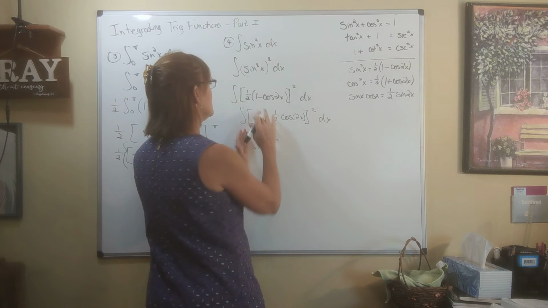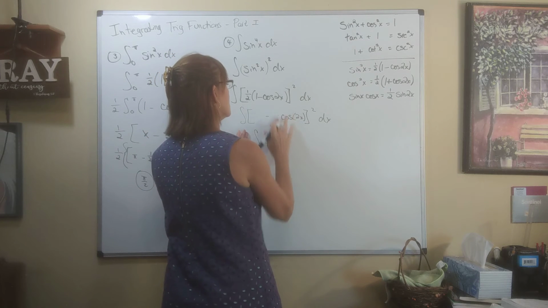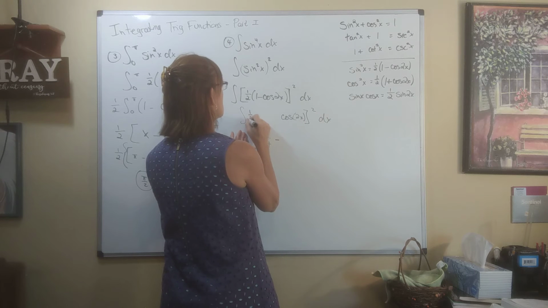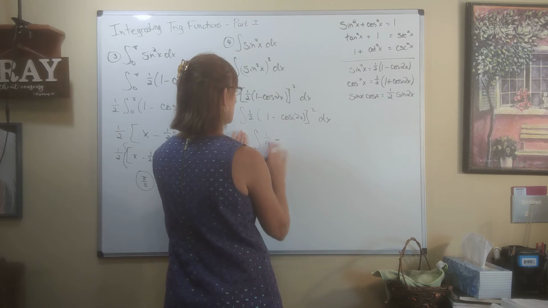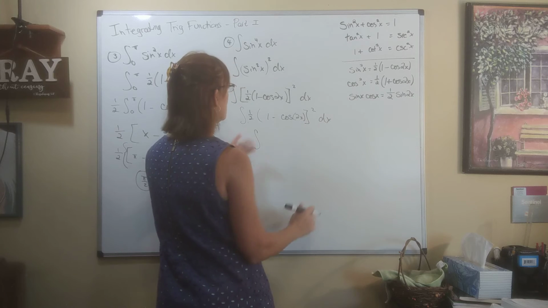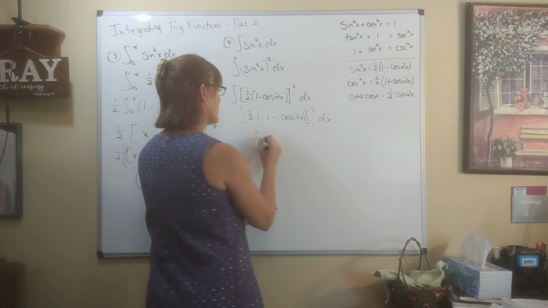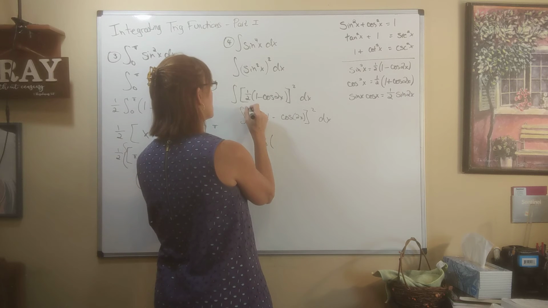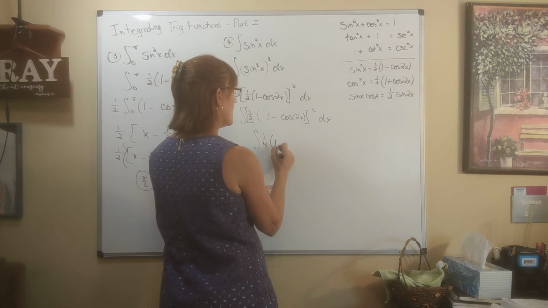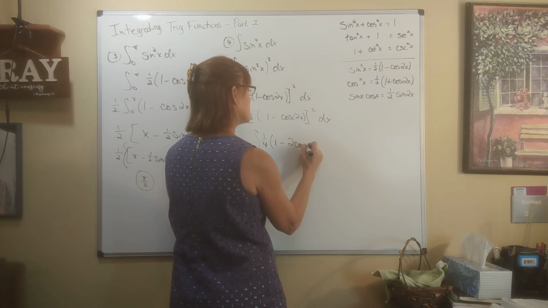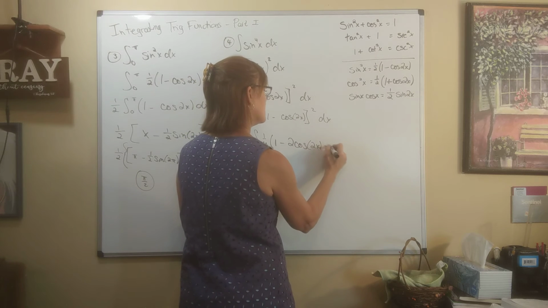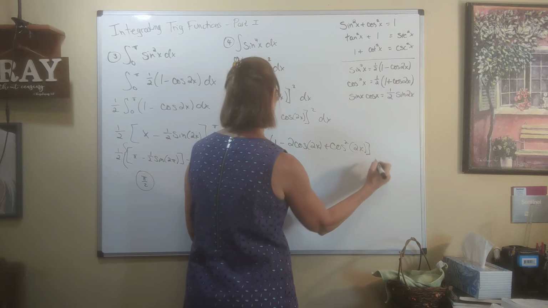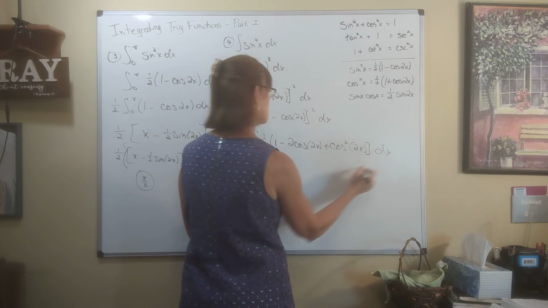I think that'd be easier. Sorry, I think that's easier. Let's leave the 1/2 out there. So this is the integral of 1/4, and squaring this gives 1 minus 2 cosine of 2x plus cosine squared of 2x. Okay, that's better. dx.